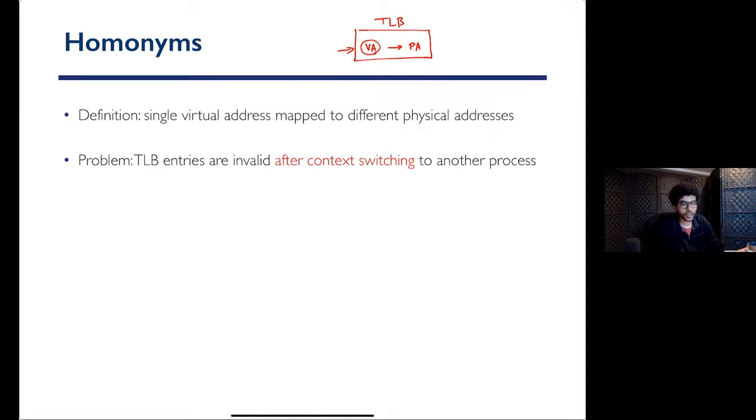Now that I have context switched, this virtual address should be mapped to a separate physical address. So this TLB entry no longer can be used.